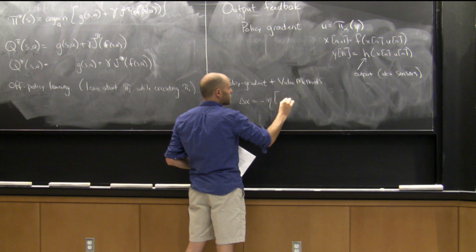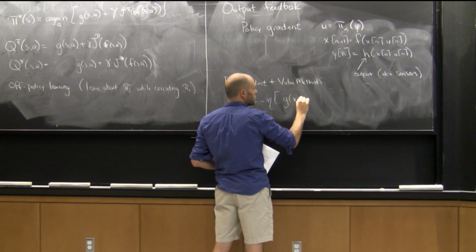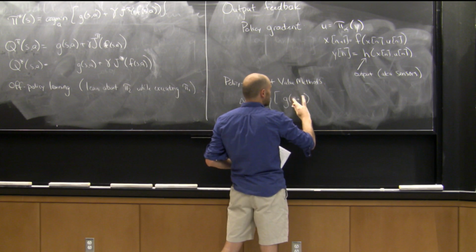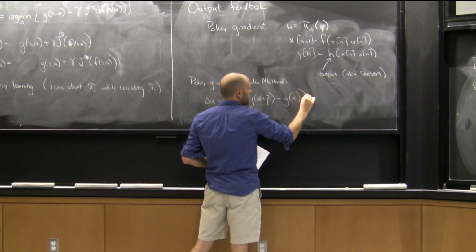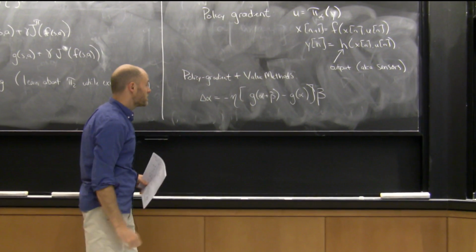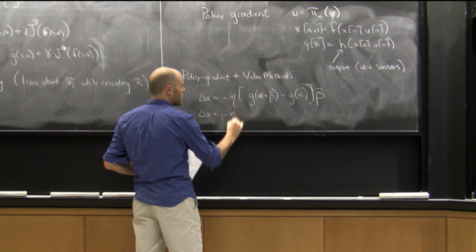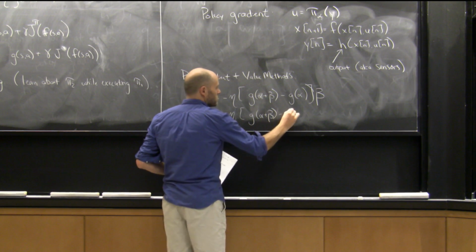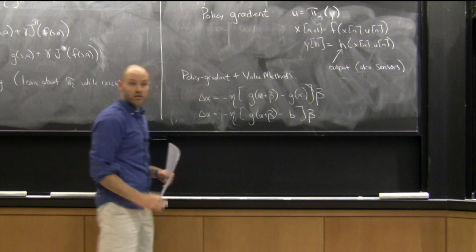Remember, last time I said the simplest version of the weight perturbation update was to take a step using g of alpha plus beta minus g of alpha, times my beta. And we understood that. And then I wrote a simpler one, g of alpha plus beta minus the baseline, and said that one still worked in expectation.